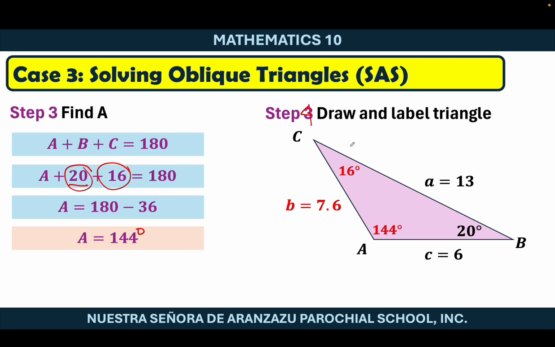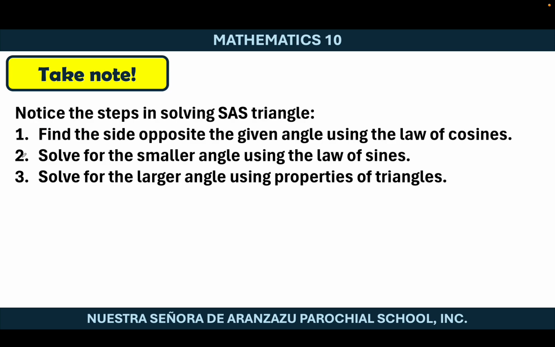So, sana nasundan. So, basically, ito yung mga step in solving the side angle side triangle, which is the case 3. Step 1, find the side opposite the given angle using the law of cosine. So, basically, ito yung missing side. Okay, sa step 1, hanapin yung missing side muna. Then, step 2, solve for the smaller angle.